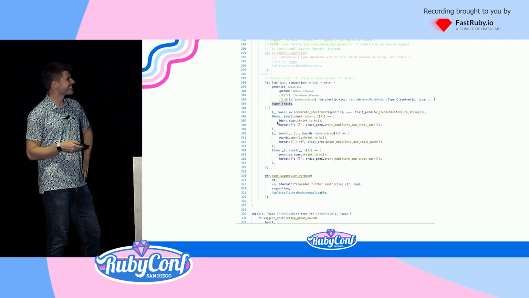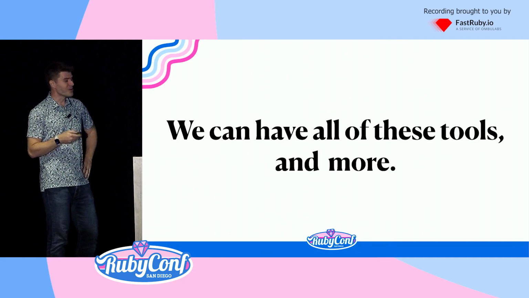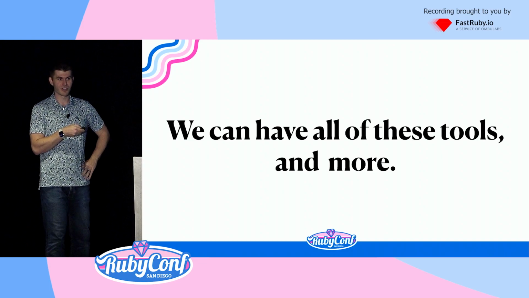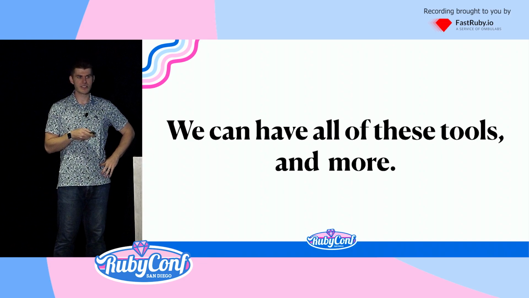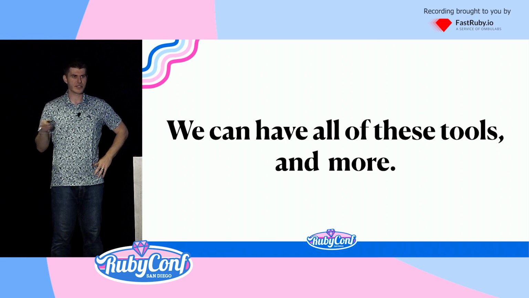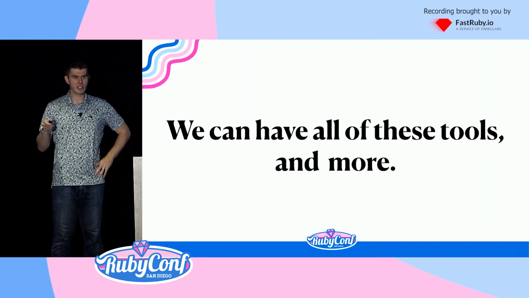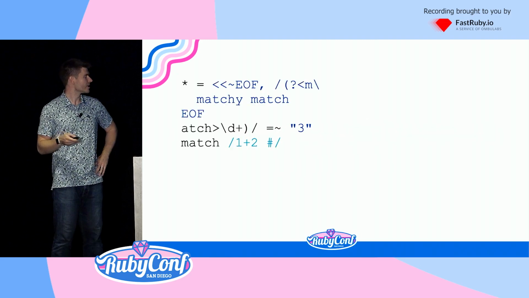Yeah, it's sexy. We can have all of these tools and more. You can build these with me. This is not beyond our pay grade. This is not beyond Ruby. This ecosystem is fully capable of building that.